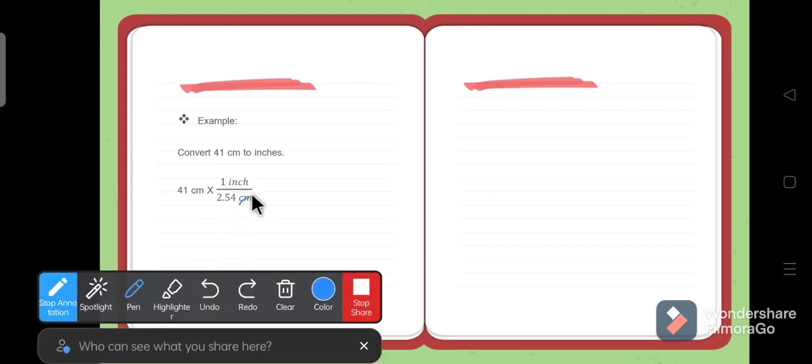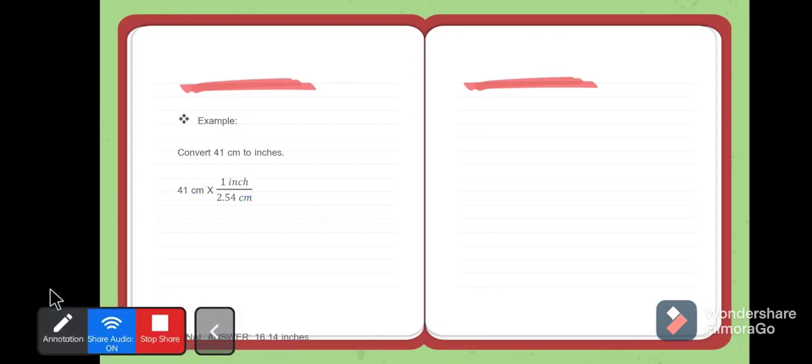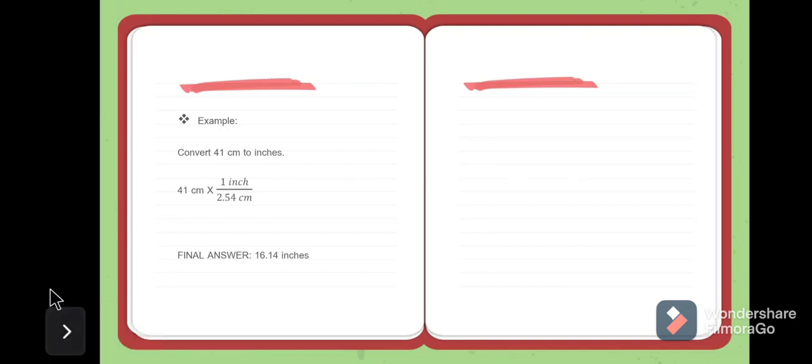Cancel out the cm. And the final answer is 16.4 inches.